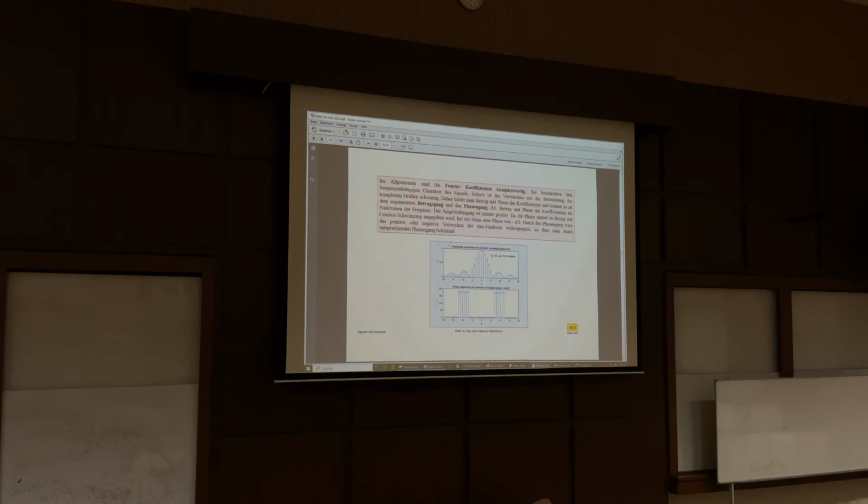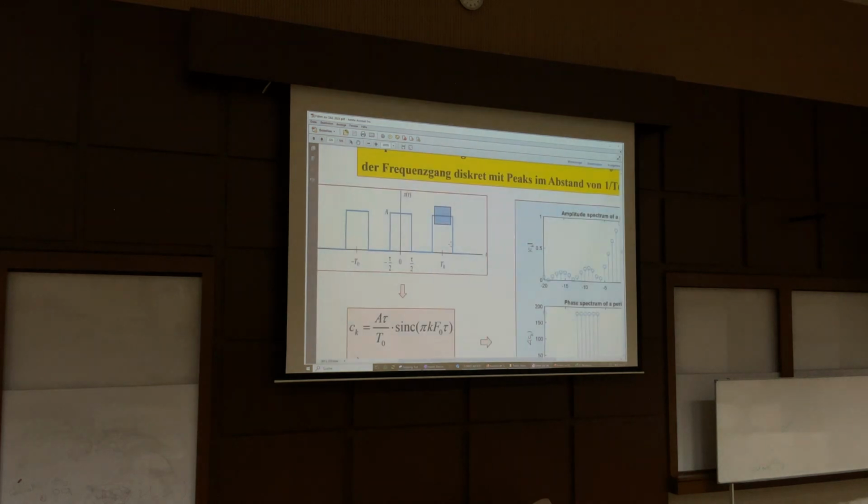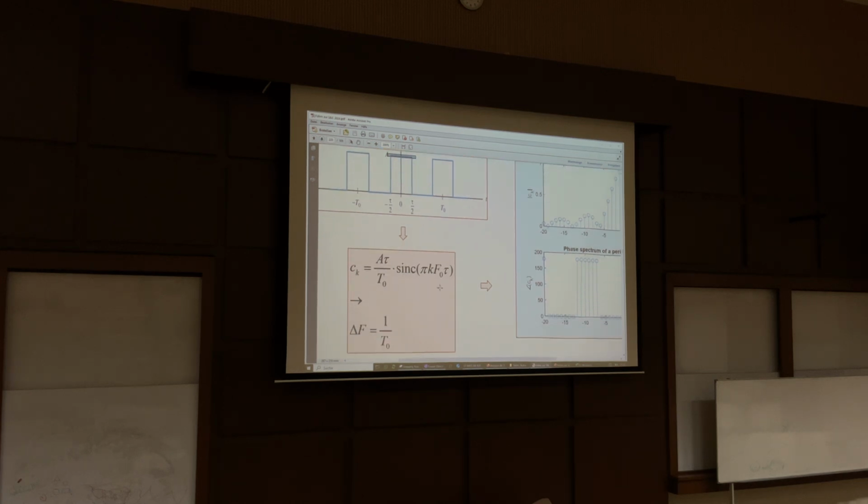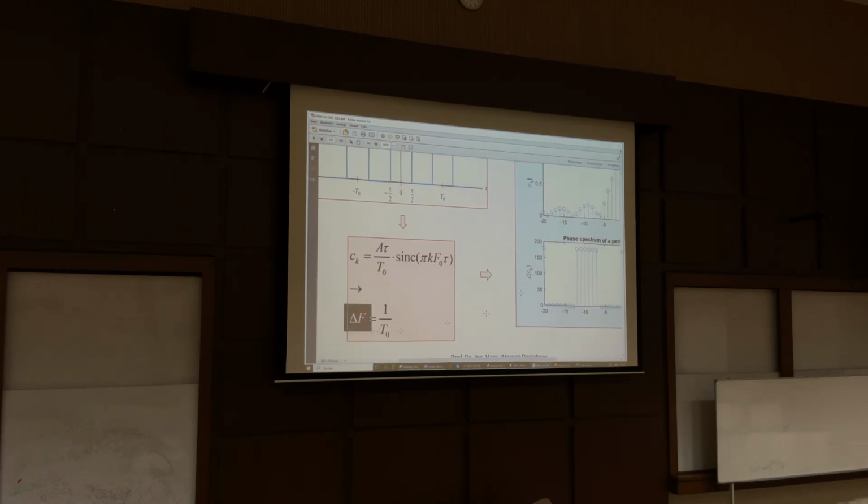Now you see that here, wait a minute. You see here we have t is 0, here is t equal capital T0, that is the pulse periodicity, and the pulse duration is tau. And you see our delta f between these peaks here, that is equivalent to the base frequency.